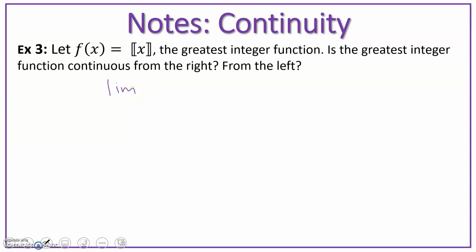So let's play with x approaching some value a from the left of our greatest integer function. And let's assume a can be any value. So if I plug in a number left of a, it's going to spit out a number that is 1 less than a. So for example, if it were 3 and we're less than 3, like 2.99, it would be less than that.